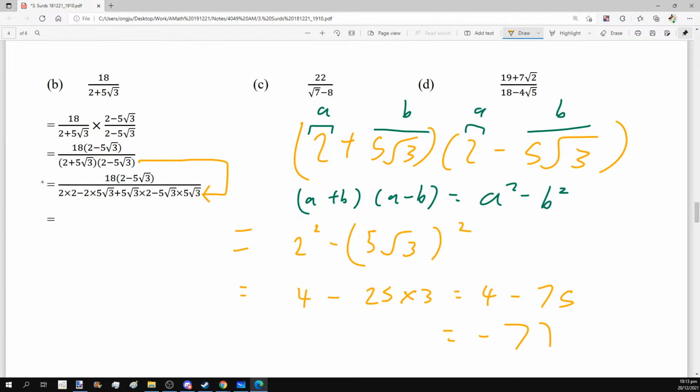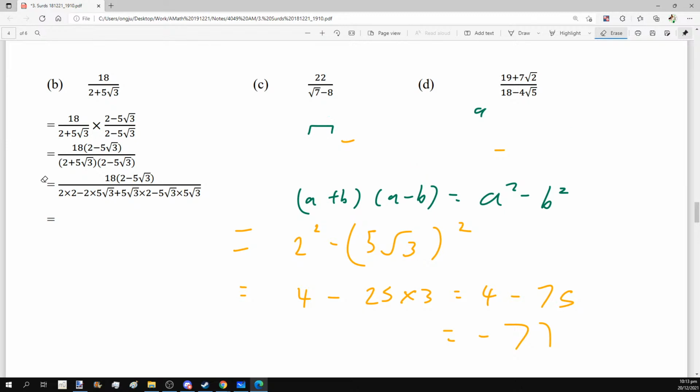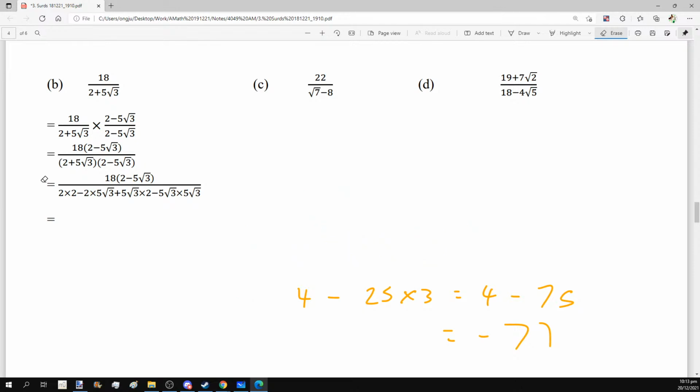Of course, if you don't want to do this, then you can do what the notes have done and open up everything manually. But I feel like this is not worth the effort. Right, so once we have all this down, the last thing we need to do is to compress the denominator into a single number, now that we know the square root is gone, and then to simplify the numerator.